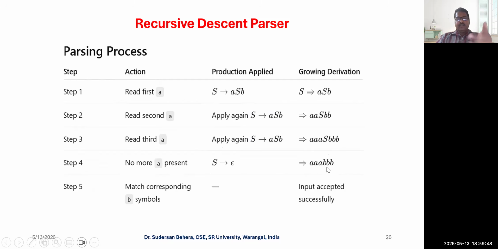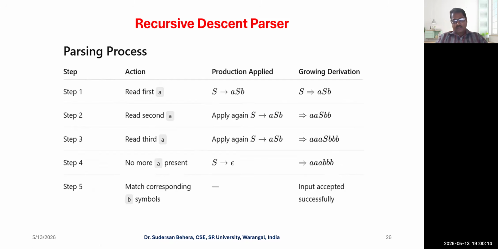Then it proceeds: the second B is matched with the second B, and the third B with the third B. So all Bs are matched with Bs, 3 As followed by 3 Bs matched with 3 As followed by 3 Bs. So the input is accepted.